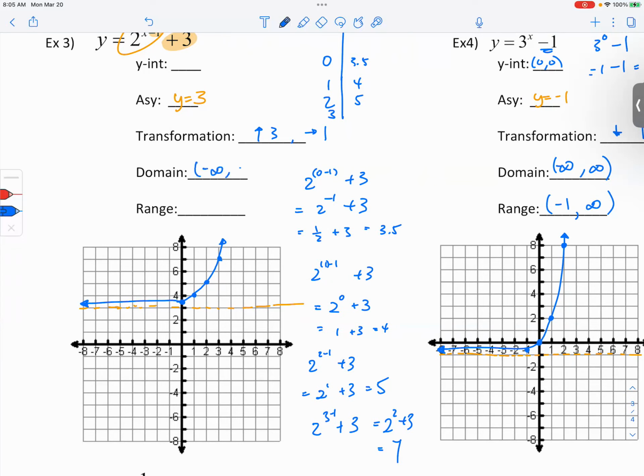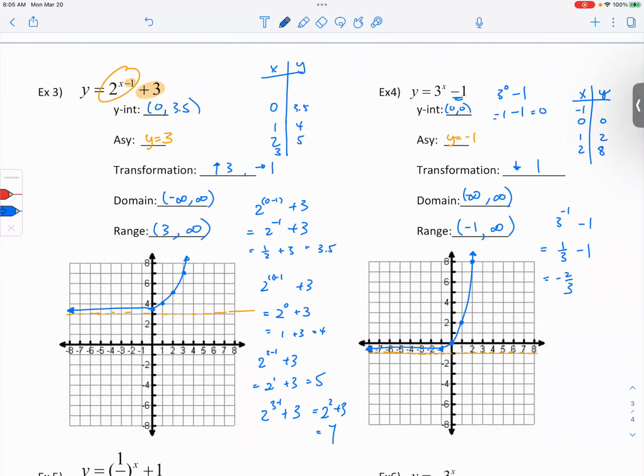The domain would be all real numbers. The y-intercept is 0, 3.5 that we had in the table. The range would be anything from 3 to infinity.